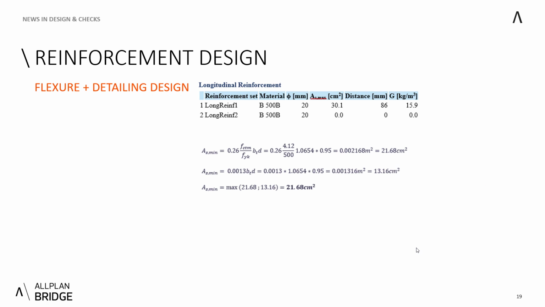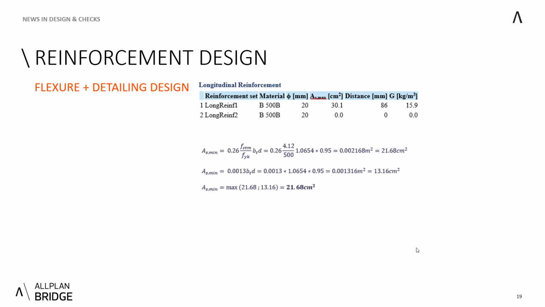On the other hand, when you do the detailing design in Allplan Bridge, you always need to use it as a parameter for the type of the design situation. So in this case, we are working on flexural plus flexural detailing design. And as you can see, the number that the report tells us is again 30.1 centimeters squared. Why?